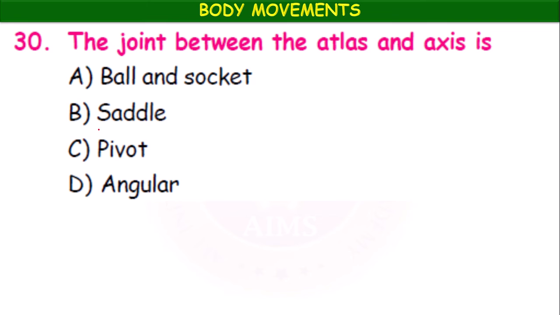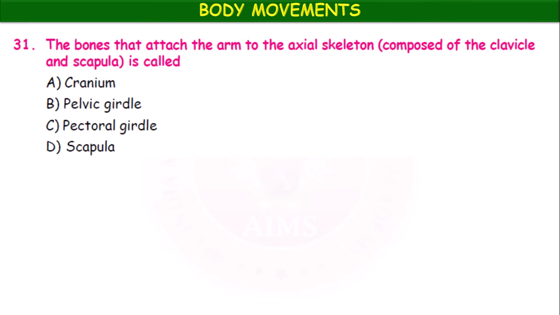The joint between the atlas and axis is: ball and socket joint, saddle joint, pivot joint, angular joint. It is the pivot joint, in the neck region. The bones that attach the arm to the axial skeleton, composed of the clavicle and scapula, are called: cranium, pelvic girdle, pectoral girdle, scapula. It is the pectoral girdle, the shoulder girdle.